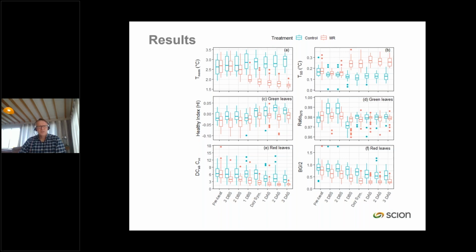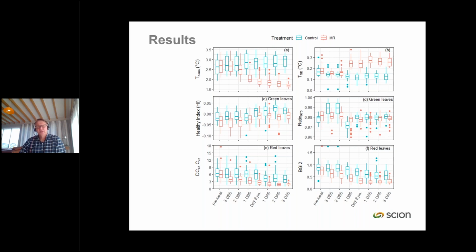On the top level, in the top left, you can see that the normalised canopy temperature didn't really change much between the treatments until we get to 1 day before symptoms, and then there's a major drop in the canopy temperature for the myrtle rust plants, and this keeps diverging from the control right out to the very end. And this happened because the pathogen punctures the leaf surface and the plant transpires more, which cools down the leaf.